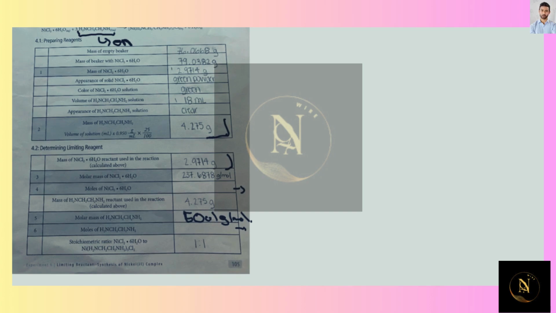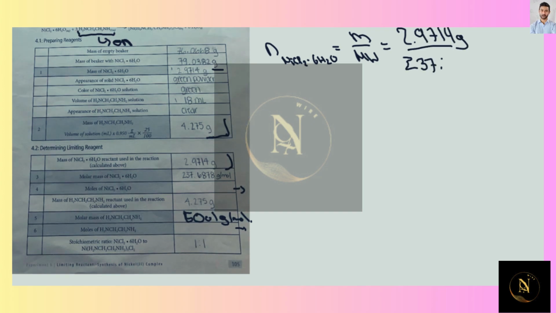So first of all, the amount of moles for nickel chloride hexahydrated is going to be equal to mass divided by the molecular weight. For this compound, the mass is going to be 2.9714 grams, and the molecular weight is going to be 237.6878 grams per mole.